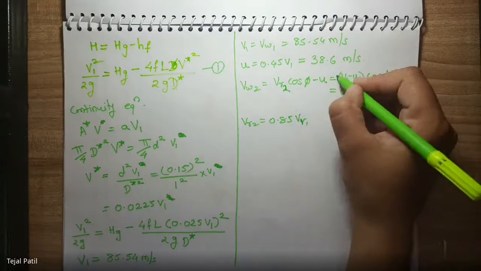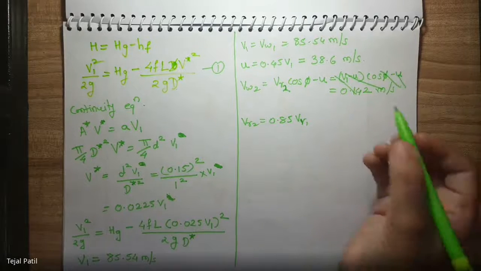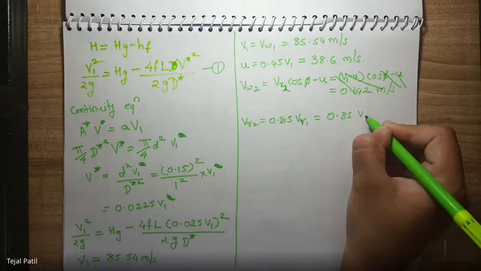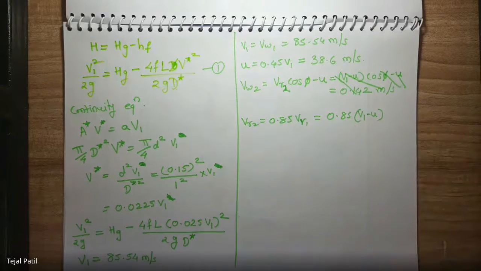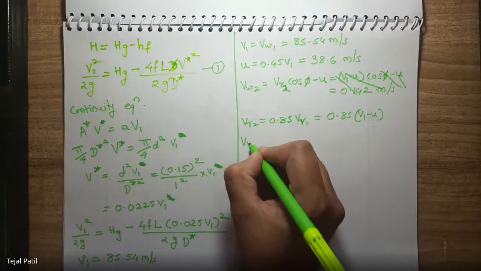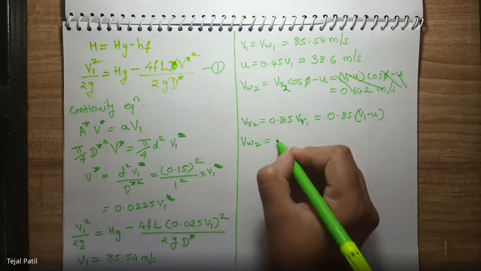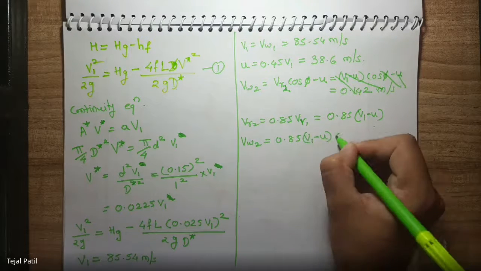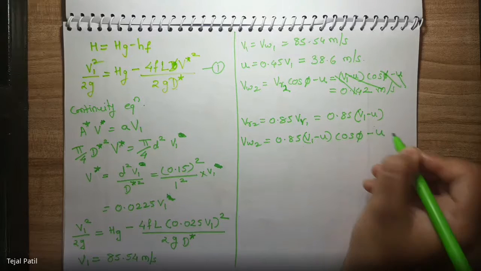Let me write it down once again. So it will be simple. 0.85 V1 minus U. So this is what your VR2 is. So your VW2 is equal to 0.85 V1 minus U, cos of phi, minus U.